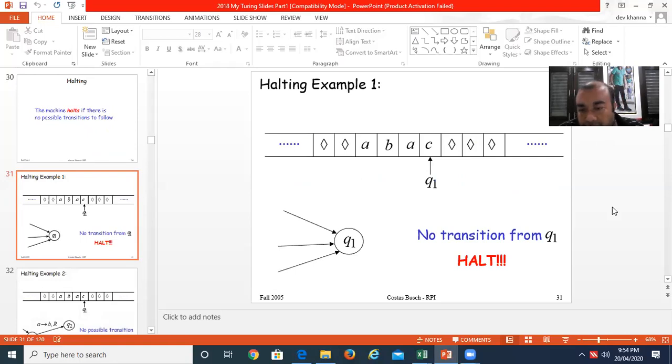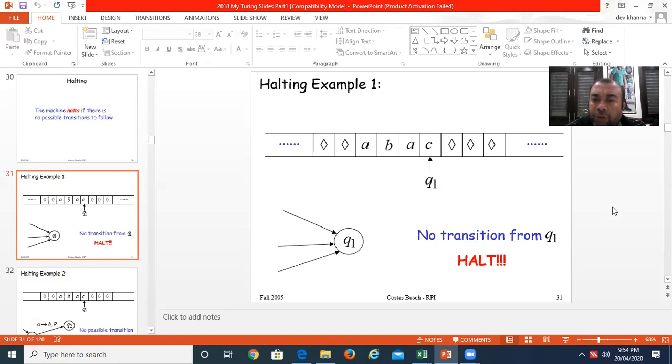So now let us see this. What it says is there is halting. You are in state Q1 and you are reading C from the input tape, and all the arrows are coming onto Q1, but there is no arrow going out from Q1. So the machine halts in this scenario. We have to see whether this is the final state or non-final.